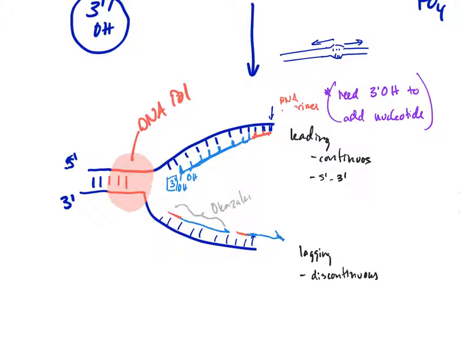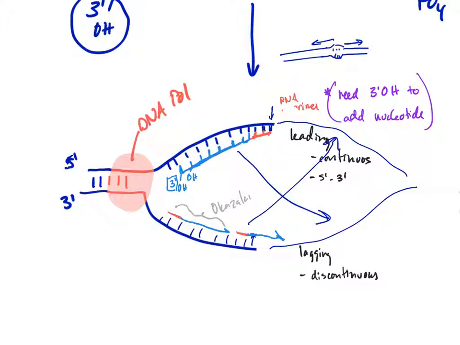And then the other half of the replication bubble, because there's 2 forks, the other fork is kind of like this. This is actually happening there, and this happens there. So you end up kind of flip-flopping.